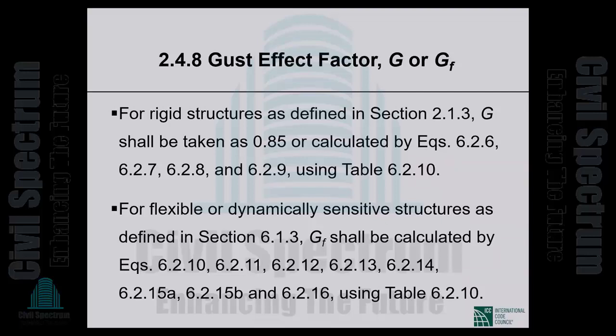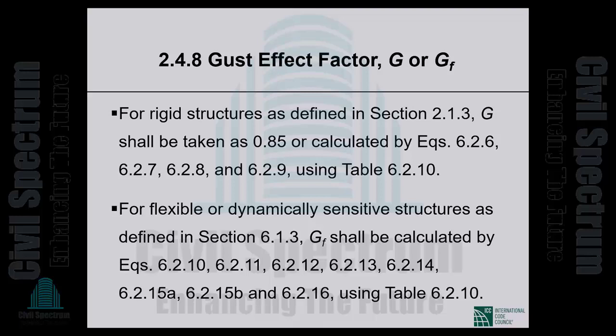G, as I kept on saying, is 0.85 for rigid buildings, period less than or equal to 1 second. You can take 0.85, or if you like, I do not know why you would like that, you can calculate the gust effect factor, and in that case you need 1, 2, 3, 4 equations and a table.